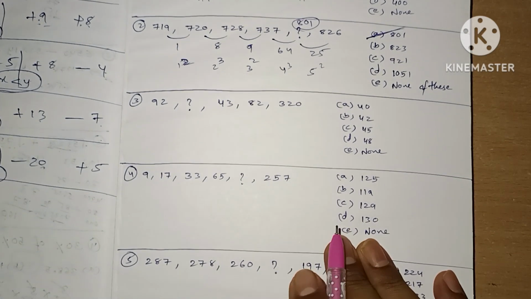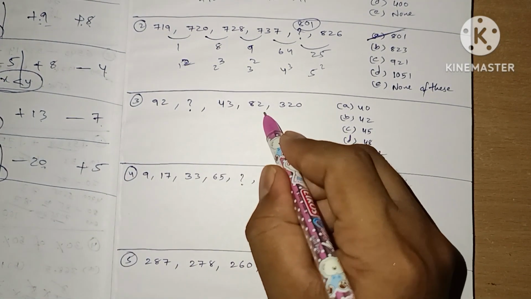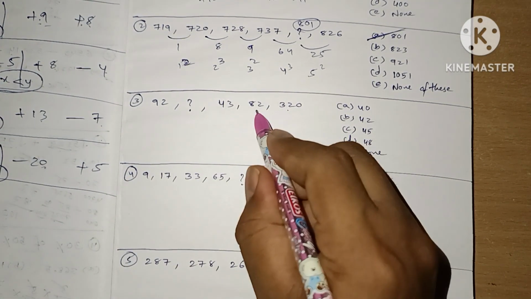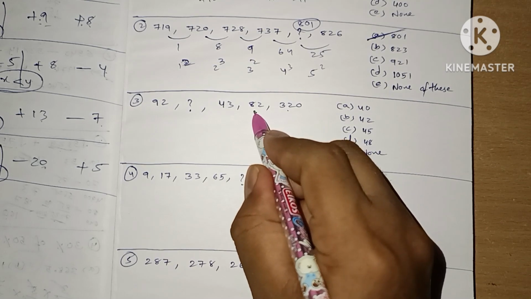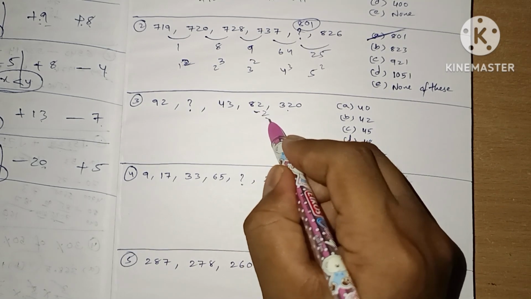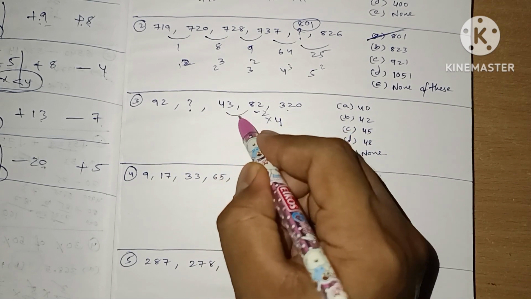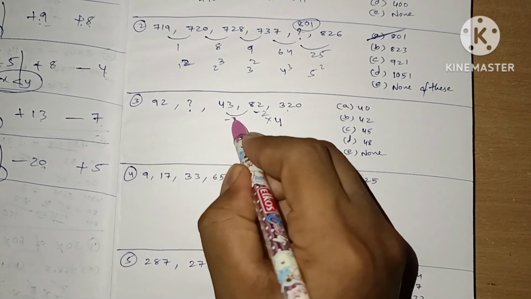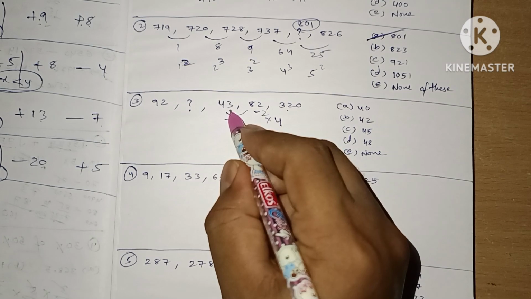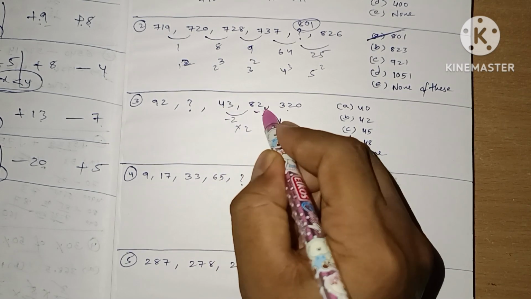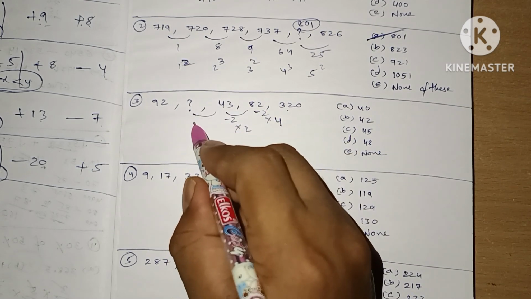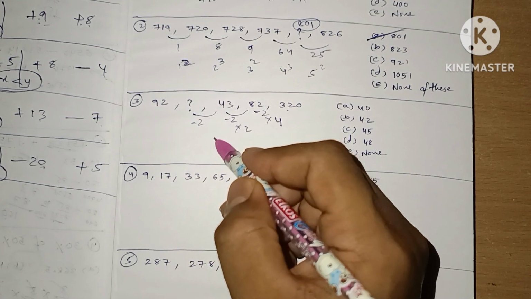Next, third question. Here we see 320 and 80. So if it is minus 2, we get 80 into 4 times, we get 320. Next, if we subtract 2 from this one, we get 41. 41 2 times will be 82. So here it is clear that first we need to do minus 2.